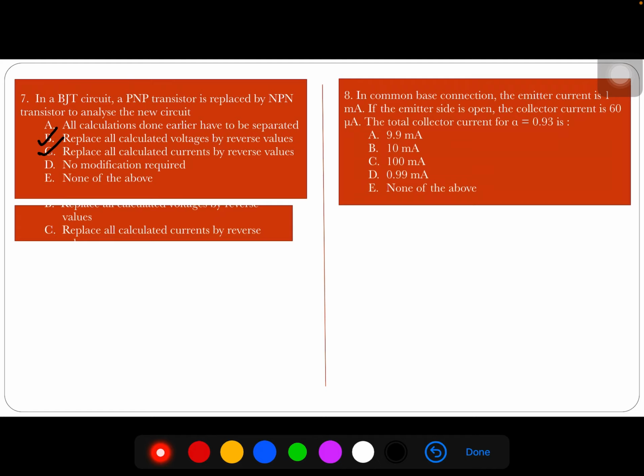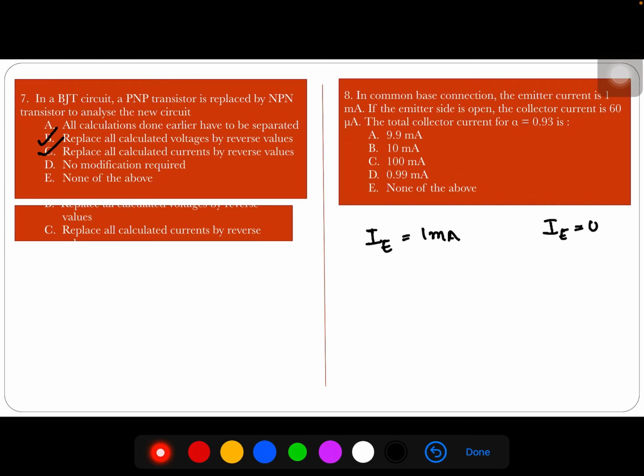Next question. In common base connection, the common base connection has been mentioned here. Emitter current is given to you, that is 1 milliampere. If the emitter side is open, that means if you open the circuit or break the connection of the emitter part, then IE will certainly be equal to 0, isn't it?